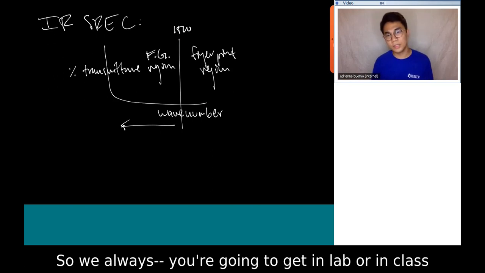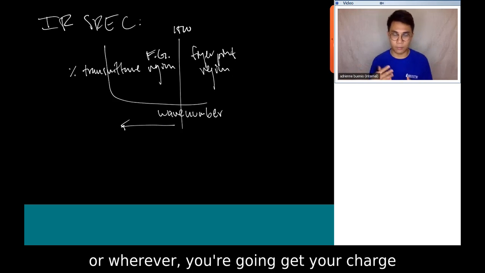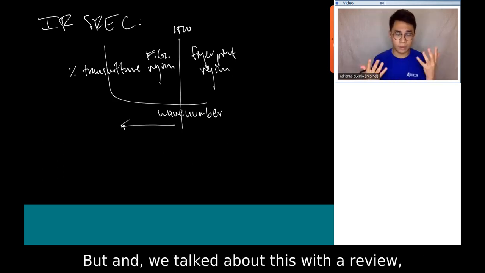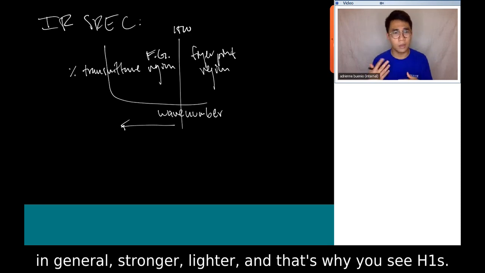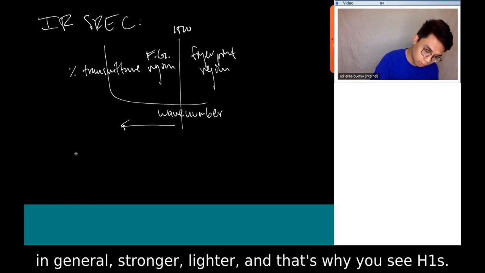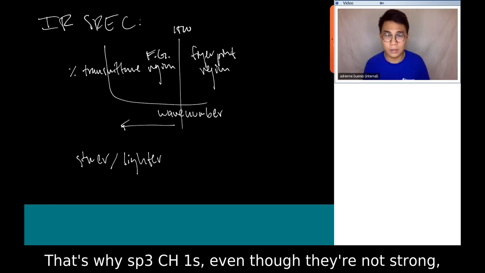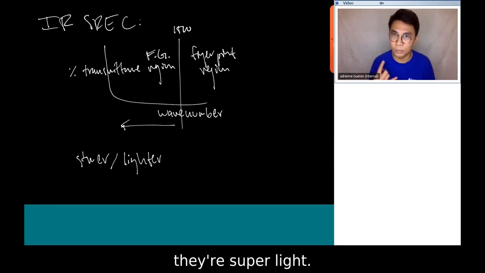So you're gonna get in lab or in class, wherever, you're gonna get your charts, like where everything falls. But we kind of talked about this in the review. In general, stronger, lighter bonds, and that's why sp3 CH bonds, even though they're not strong, they're super light, right?